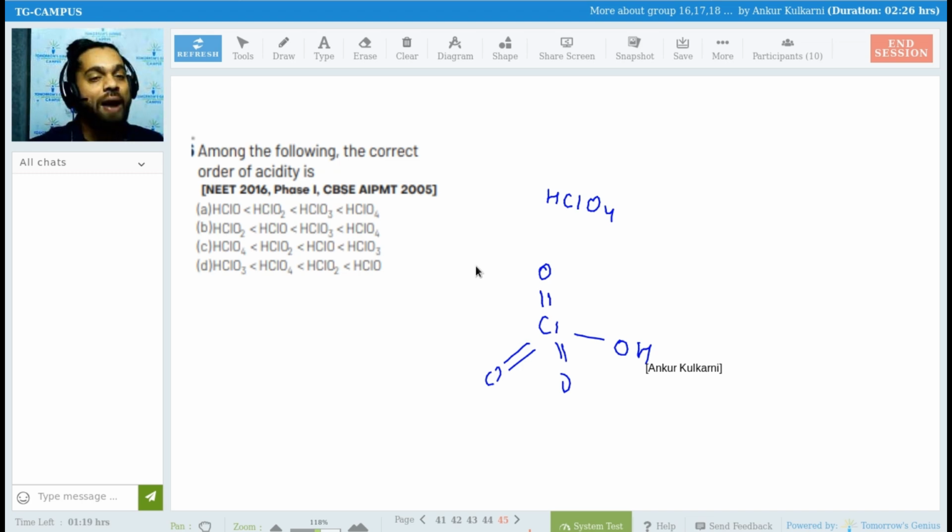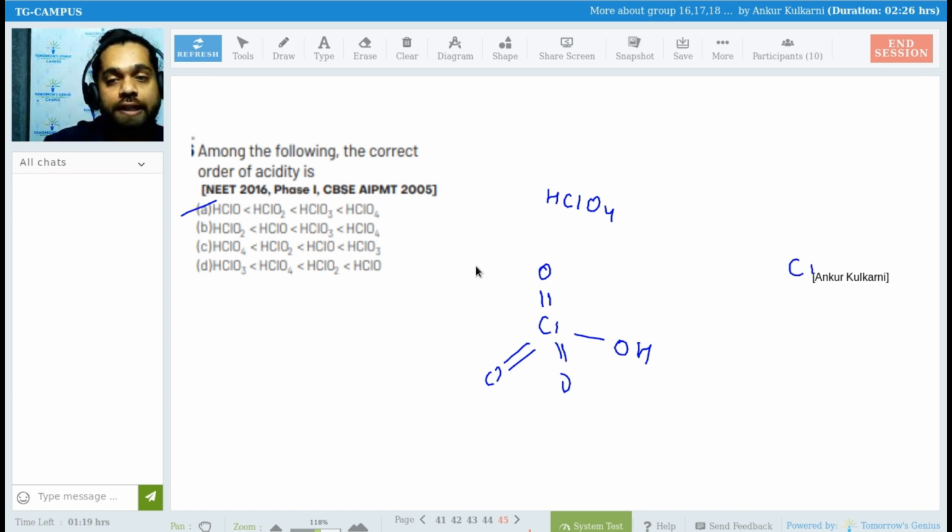Now I have told you the concept, then you are telling me the answer. As the number of oxygen increases, acidity increases. Obviously, then it will be in the order 0, 1, 2, 3, 4. It is correct. But look over here. Why is HClO4 a stronger acid than HClO3? We have discussed this.